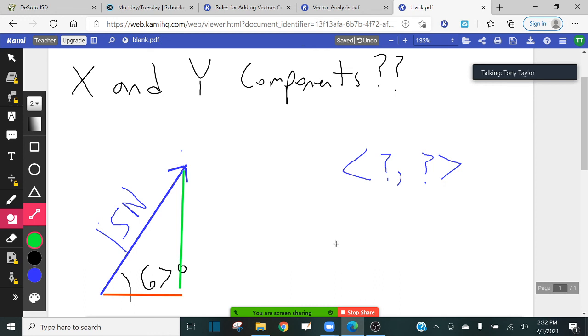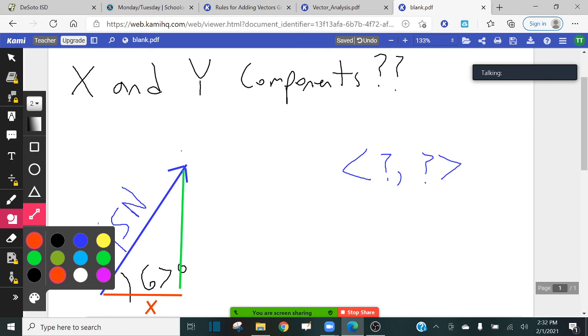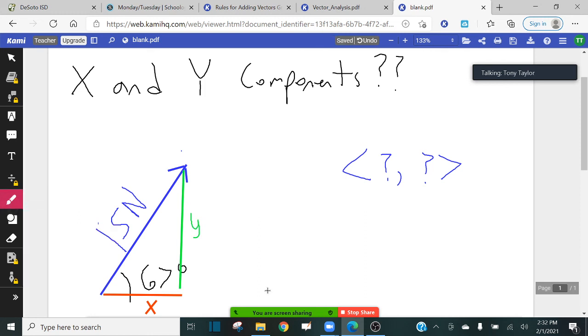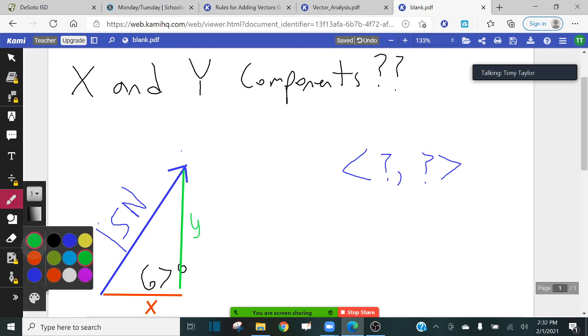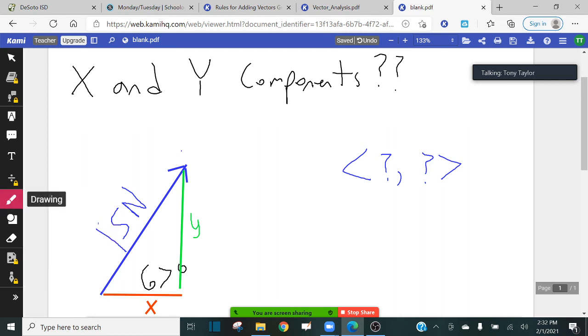So we have an x component, and we also have a y component. And again, we're assuming this angle here is 67 degrees.